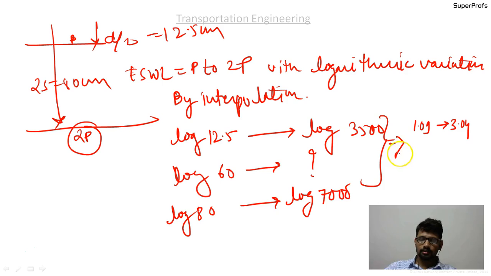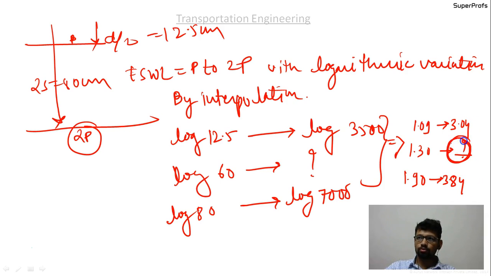Log 60, what value? And 1.90, it is 3.84. So now it is simple interpolation for this value, please calculate this particular value.